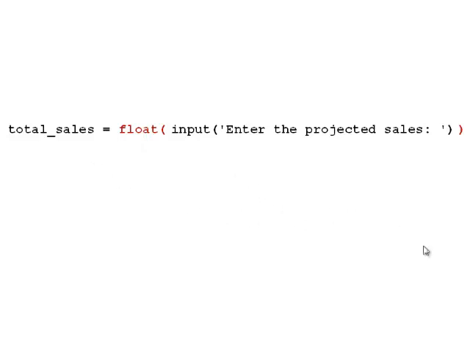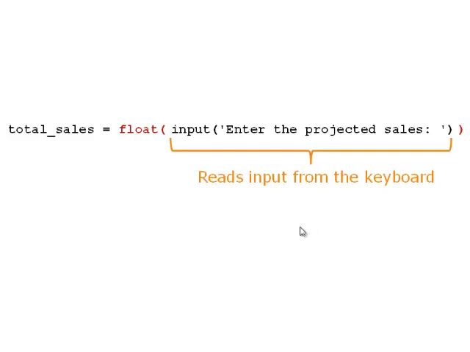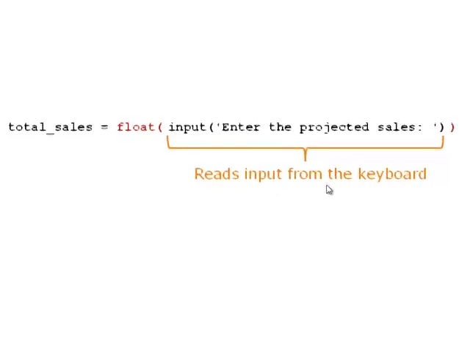Now, this does a lot, so let's go back over each element of this statement. First, we call the input function, which tells the user to enter the projected sales. This reads an item from the keyboard, and it returns that value as a string.